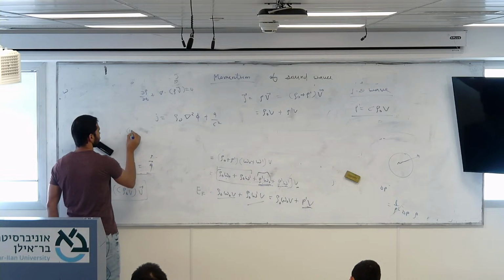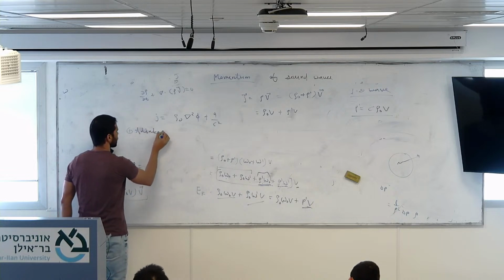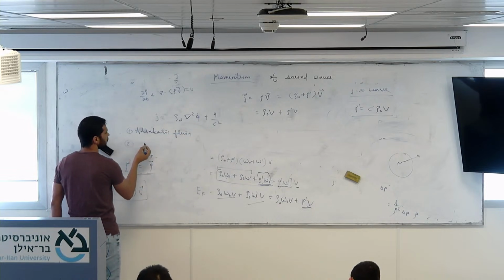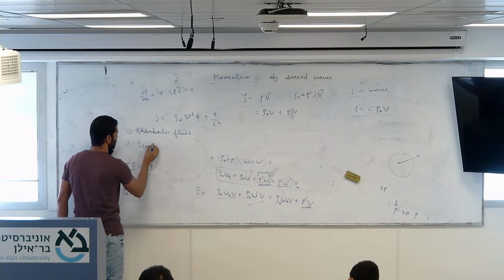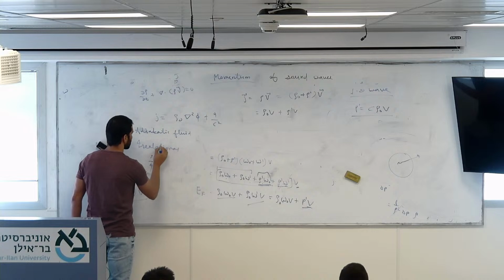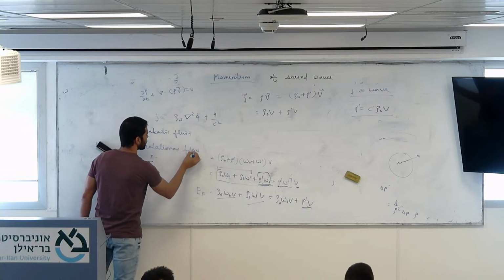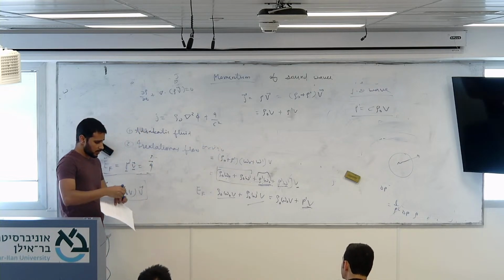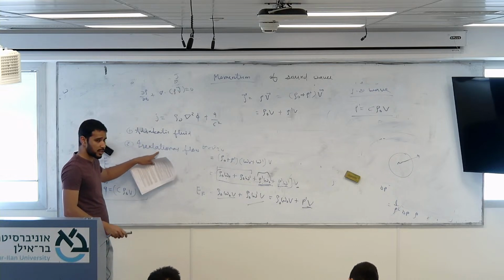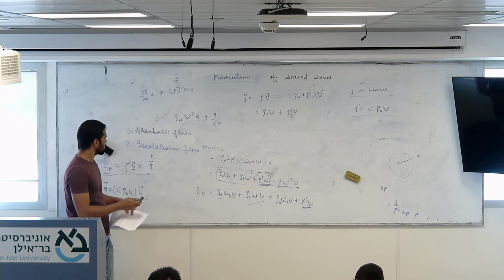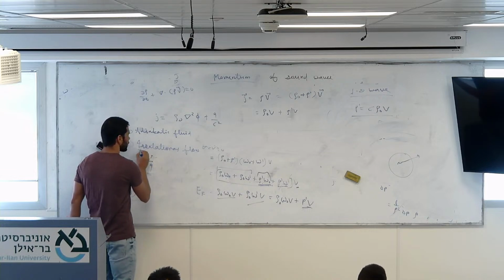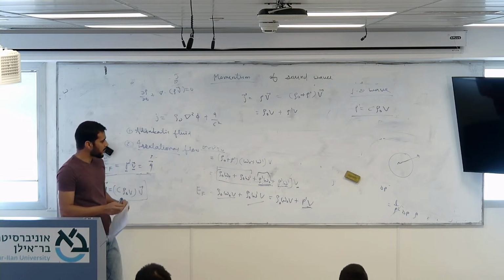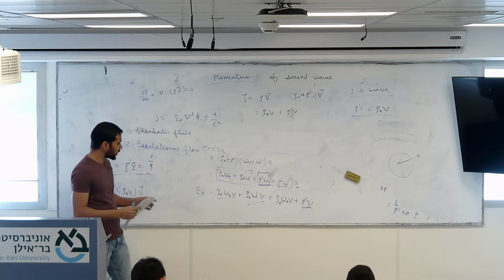This is for del cross V equals 0. So, given these two conditions, what is 2? Irrotational. This is conservative. Perturbations are conservative. We always assume this, and again, this is also a crude assumption.